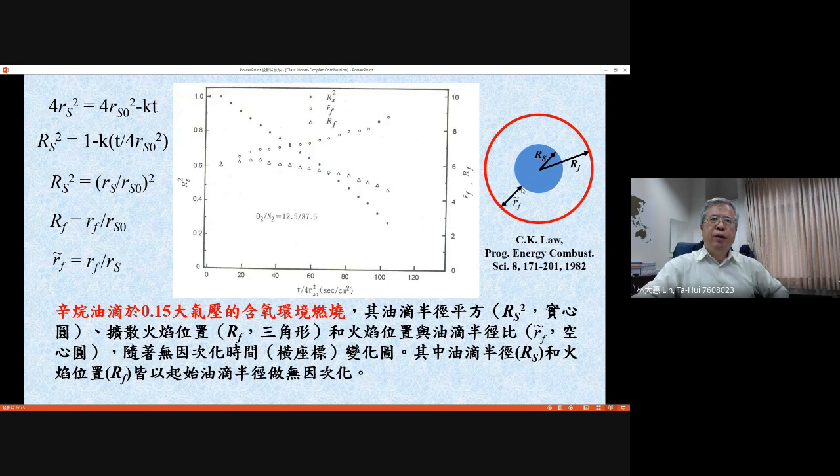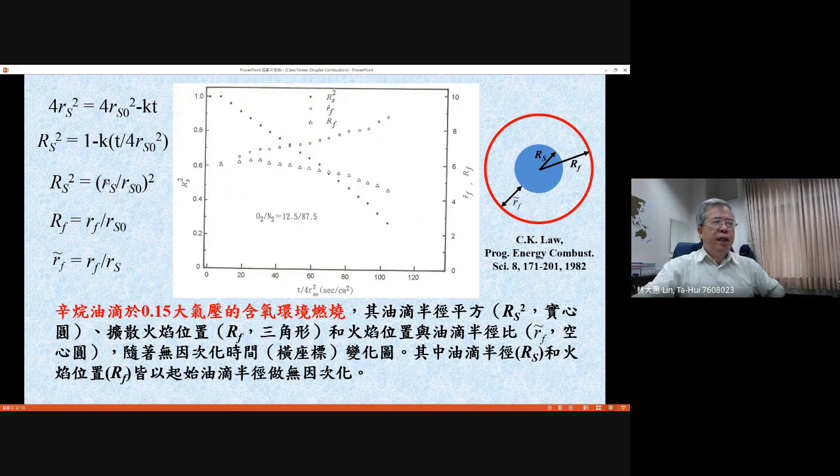There is a spherical droplet because we generate it from the droplet generator, and then these streams go through the hot environment. In this hot environment, they are ignited and burn. Now, in the experiments, we will measure the droplet size, but we use non-dimensional quantities to represent the experiment data. The first one is capital Rs, which is defined by small rs divided by Rs naught.